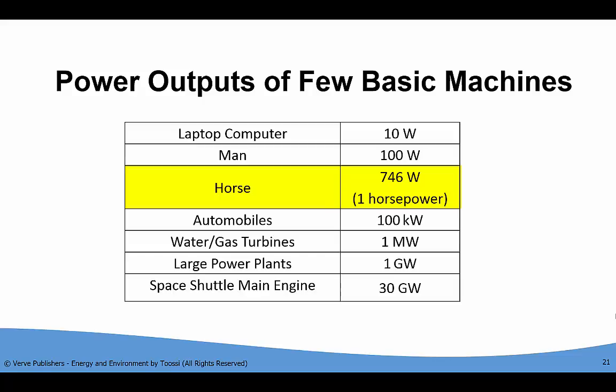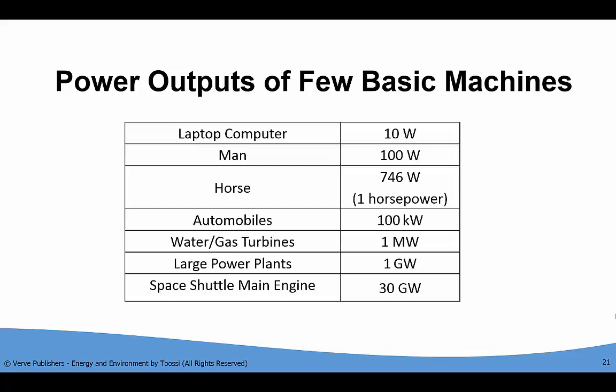Can a human being produce that much power? The answer is yes, maybe, but only for a very short time. A man running on a treadmill can use 400 or 500 watts, but gets tired after 20 minutes. It cannot sustain that continuously.